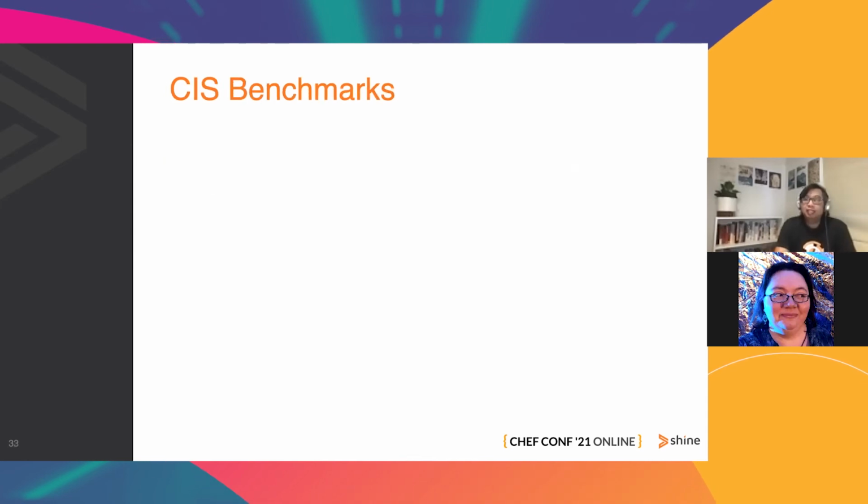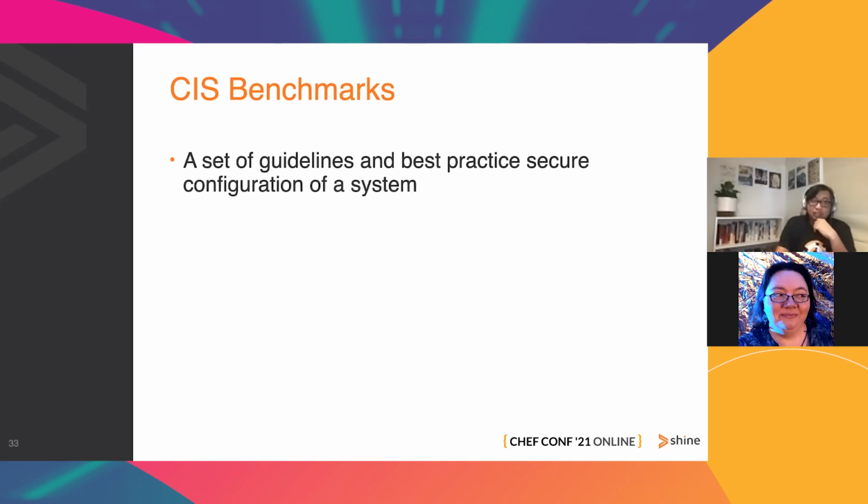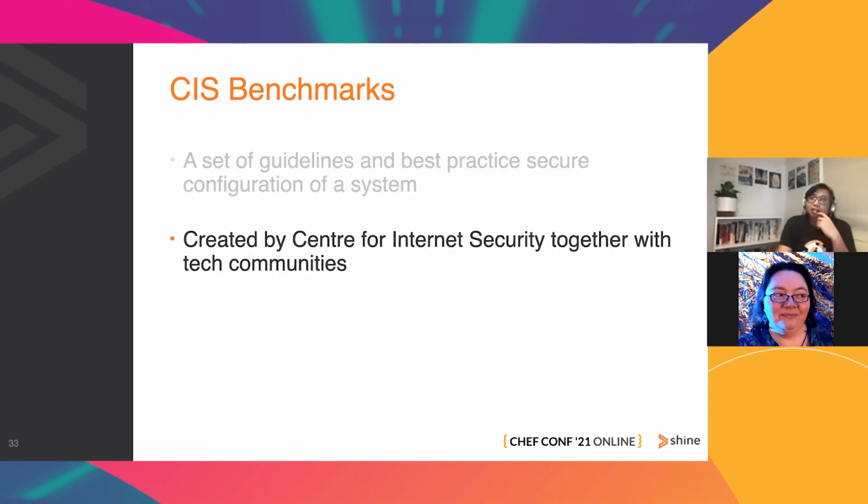It is really a set of configuration guidelines for securing a system. And it was built by an organization called the Center for Internet Security. Then they're collaborating with various technology communities into coming up with a set of guidelines on how to best secure various types of systems.